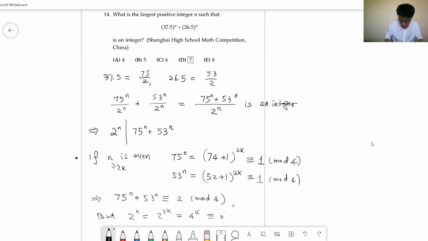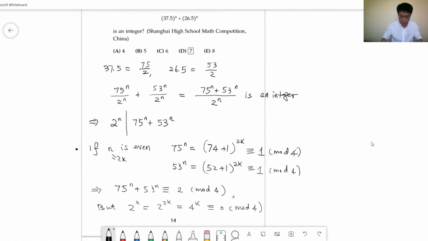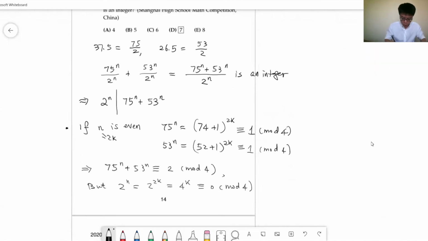The remainder is always 0 when it's divided by 4. Okay, that means in this case, we don't have this divisibility. 2^n does not divide 75^n plus 53^n. In other words, the original quotient cannot be an integer.